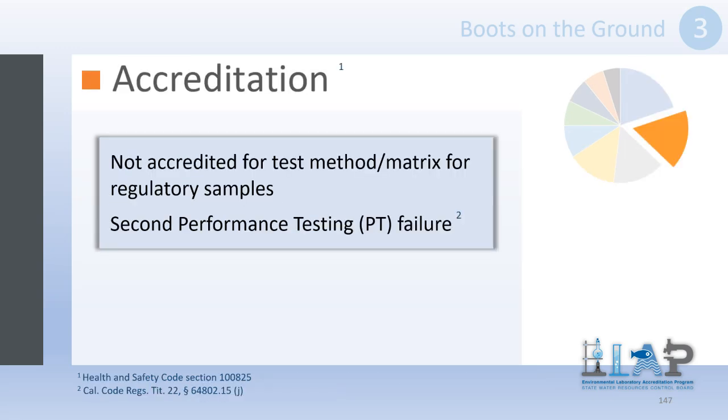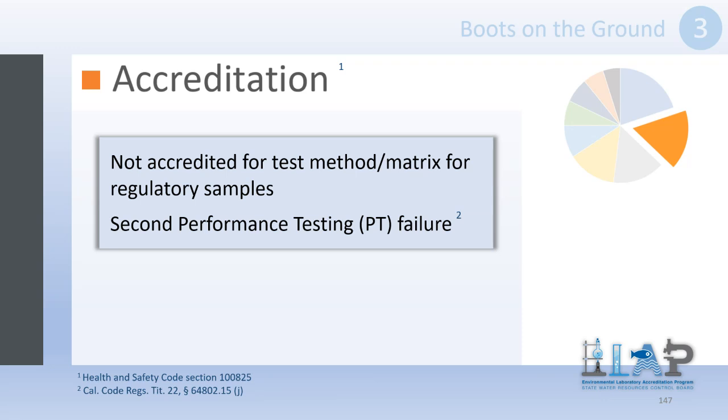Next. All right, the next big block was accreditation. So we received many referrals about labs not being accredited for the test method matrix for samples that they were reporting for regulatory samples. And that's a pretty serious thing and actionable.